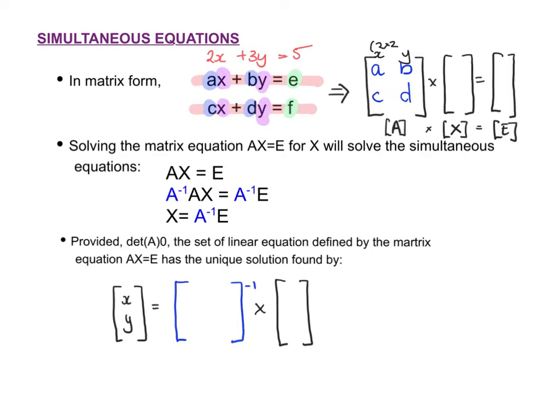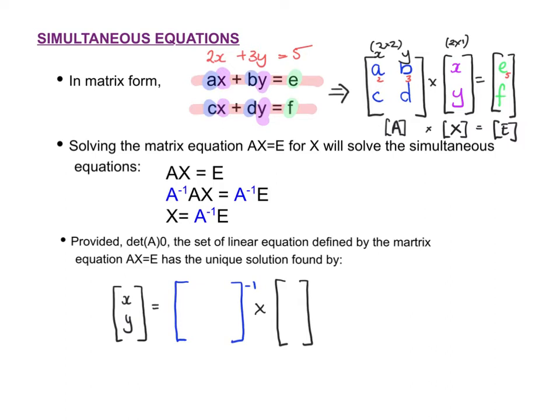Then you multiply by another matrix, which is a 2 by 1, and in there we put the letters that we don't know. In this example, it's x and y. Then we say it equals, and we put the two answers to the equations in there, the E and the F. So in my little example, a 2 would be there, a 3 would be there, and a 5 would be there, okay? So that's how you set up.